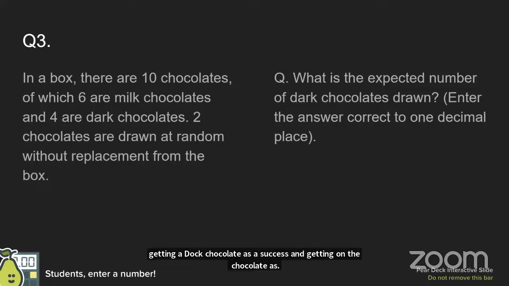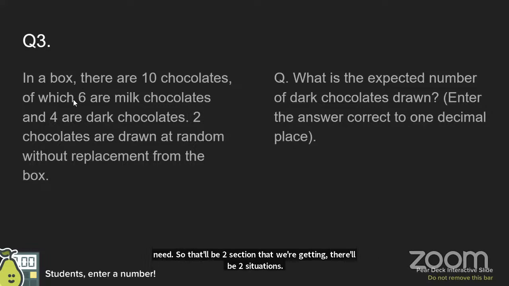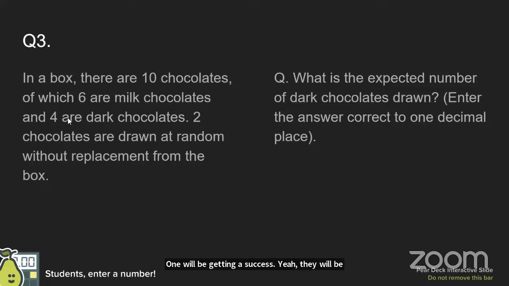Since these 2 are limited, if you look at the hypergeometric distribution description, you'll know these are the characteristics that you need. There will be 2 situations, one getting a success, the other getting a failure, and you'll have a limited number for those 2, and a certain finite number of selections.